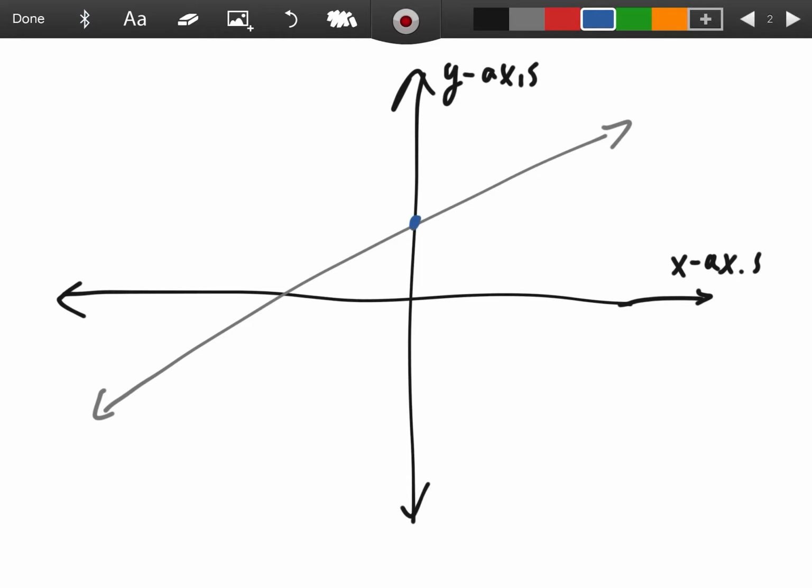Whenever our line crosses over the y-axis, the point of intersection, which I've just highlighted in blue there, that's going to be our y-intercept, because that's where we cross the y-axis.